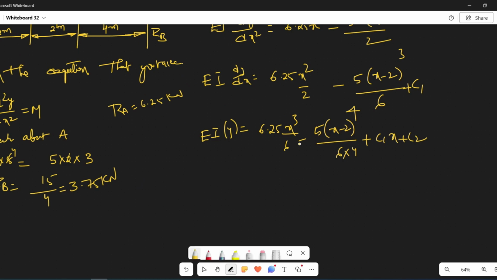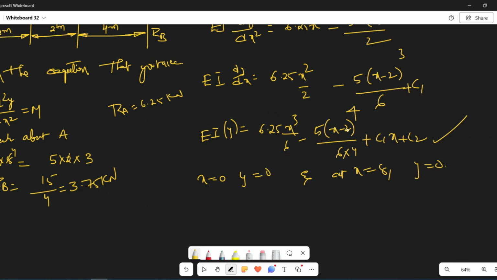Now substitute these boundary conditions in this one. This one is fine. When you put 0 here, this entire term will become 0.